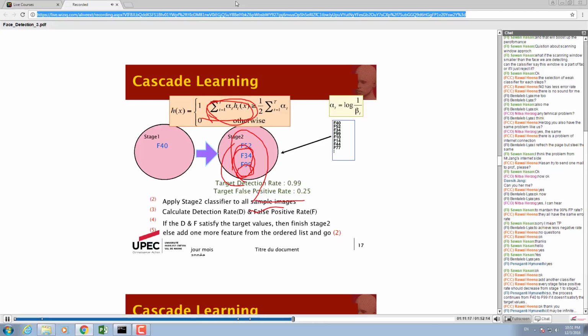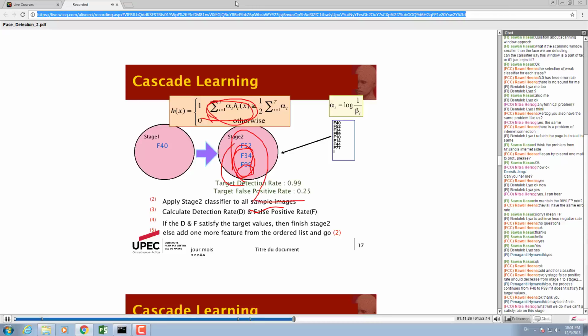So in this sense, stage 2 can have 3 features, 3 reclassifiers, or sometimes it can have 10 reclassifiers. Sometimes it can have 15. It depends on the samples and depends on the features. By the way, we have 2000, right? In the worst case, you said it can be infinite, right?